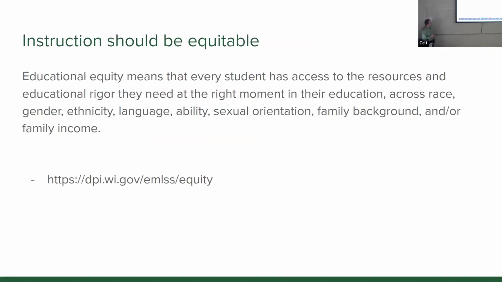The other term that I want you to be familiar with is the idea of educational equity. What that means is simply that we're making sure that every student has access to the resources and educational rigor they need at the right moment in their education.